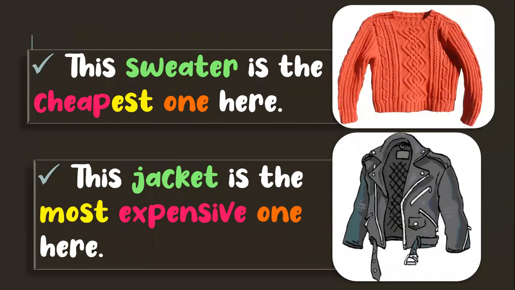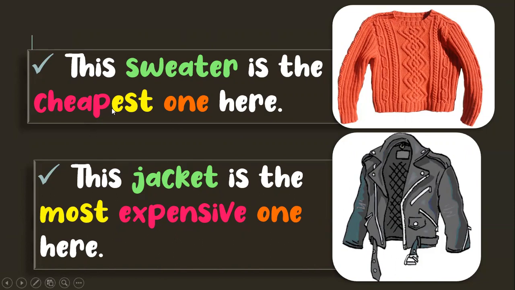No, Miss Danai, what are you saying? I'm sorry. This jacket is the most expensive one here. We need too much money to pay and buy this jacket. So this jacket is the most expensive one here.